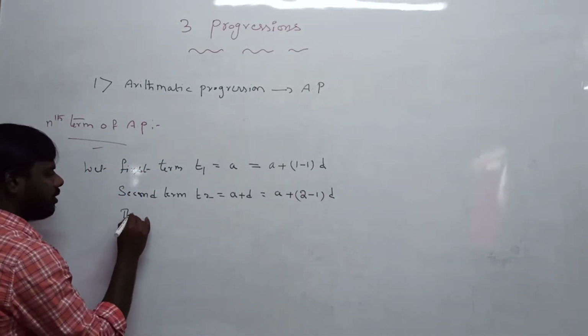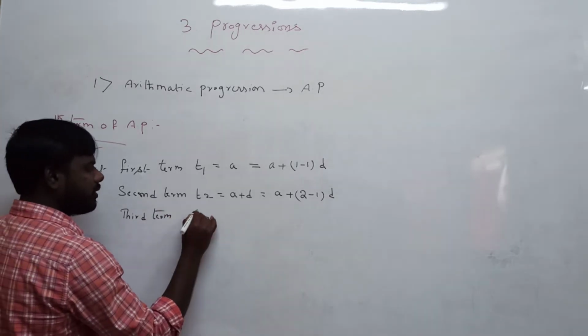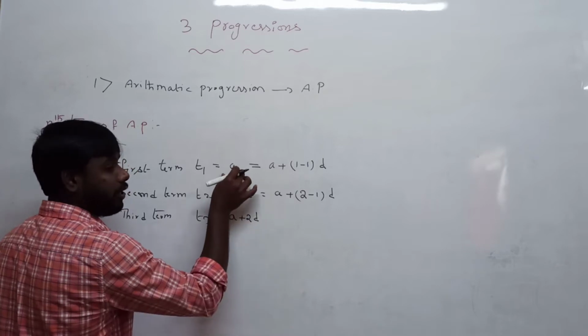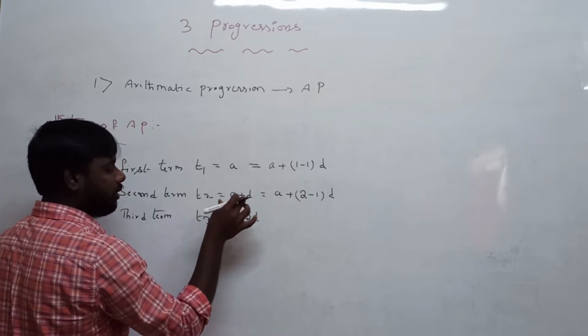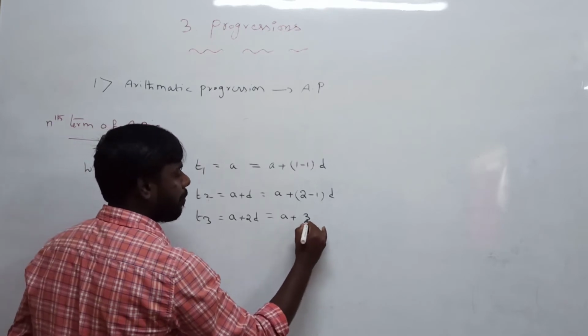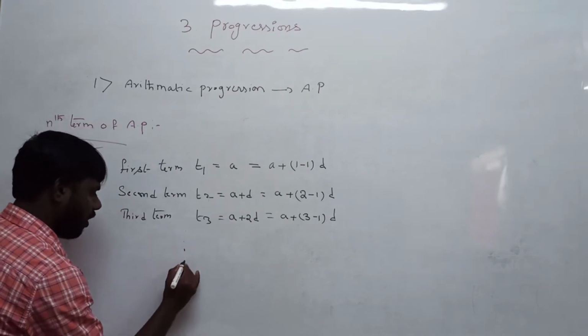Like that, the third term is a plus 2d. The first term is a, the second term is a plus d, the third term is a plus 2d. a plus 2d can be written as a plus (3 minus 1) into d, and so on.